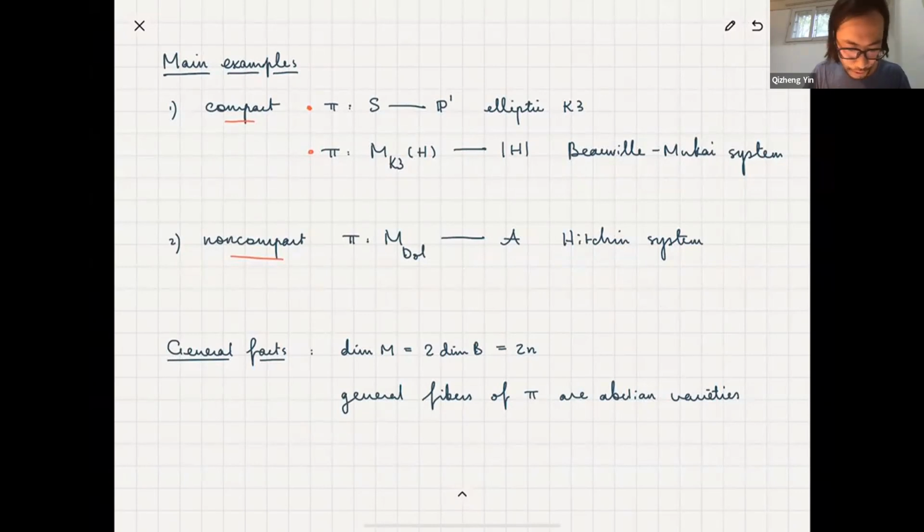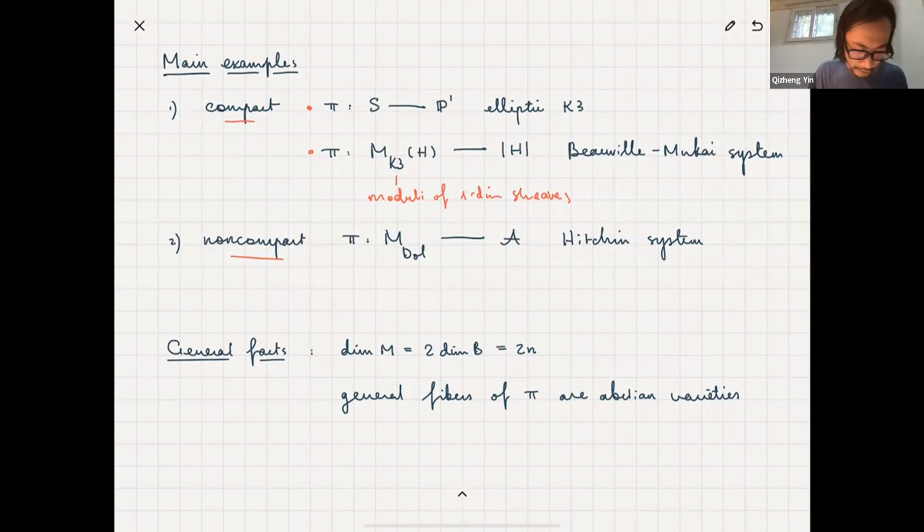Then the higher-dimensional examples: when you have a K3 surface, you can consider the moduli of one-dimensional sheaves on the K3. You have this map from the moduli space of sheaves to the linear system. If you're lucky and the moduli space is smooth, then you get a smooth, compact hyperkähler variety, and this map will be Lagrangian. This is the so-called Beauville-Mukai system.